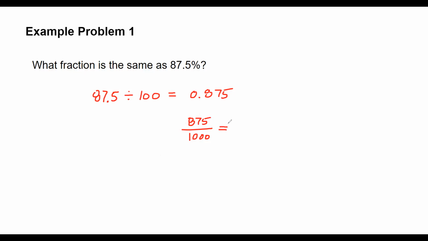This is where you want to take advantage of the calculator and let it do the work for you. And that will reduce all the way down to 7/8. And that's the answer. We did a 2-step conversion. We went from our percent to a decimal, from the decimal to a fraction. Let me clear that off and we'll go to the next problem.